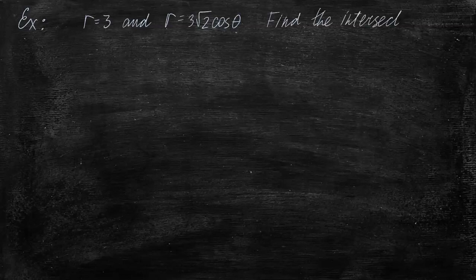So consider the following two curves. And let's find the intersections. And let's consider the intersections only on the interval from 0 to 2 pi.